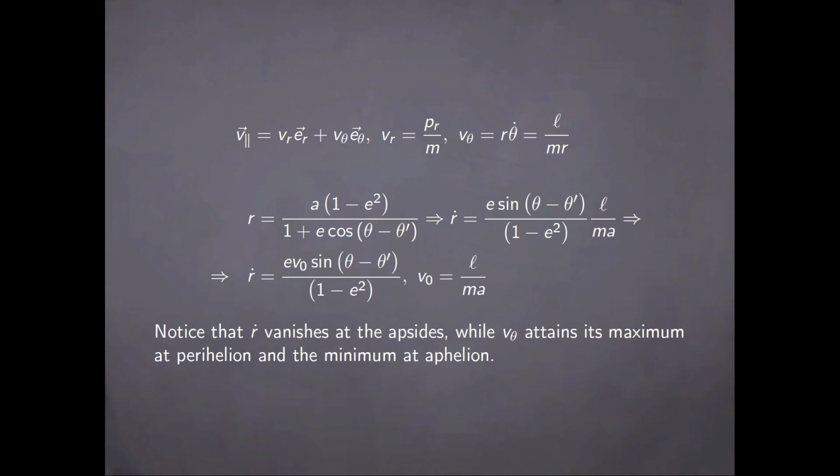And then if we write the orbit equation and we take its derivative with respect to time, we find the result here, and it can be recast in this form with the help of this constant v0, which is just L divided by m multiplying a, the semi-major axis.